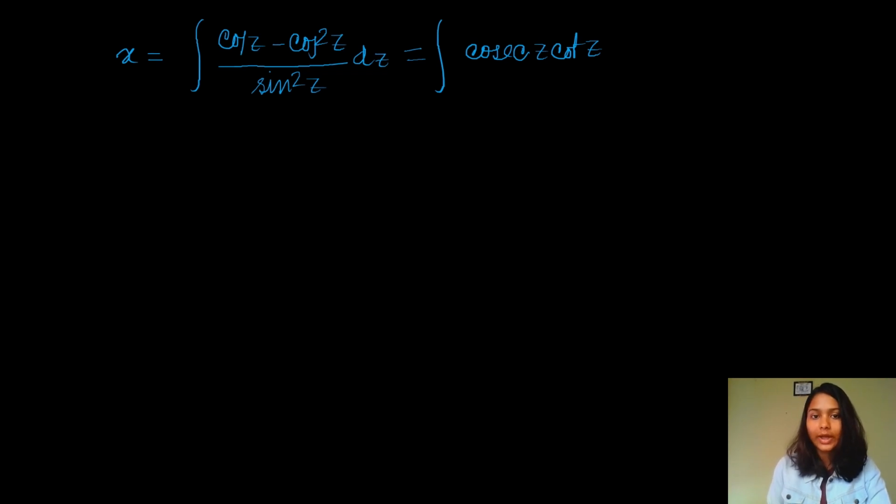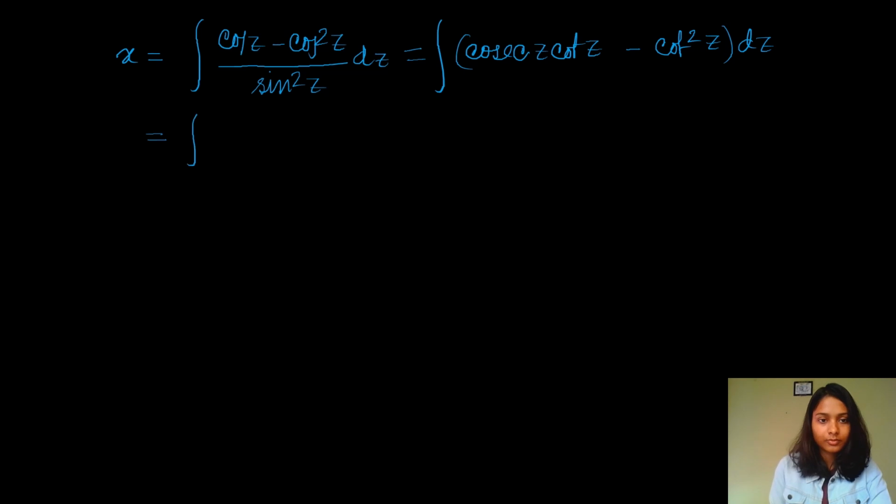And also cos square by sin square will become cot square z dz. So we know the integration formula for cosec z cot z, but we do not know the integration formula for cot square z. So we can rewrite this cot square z as cosec square z minus 1.